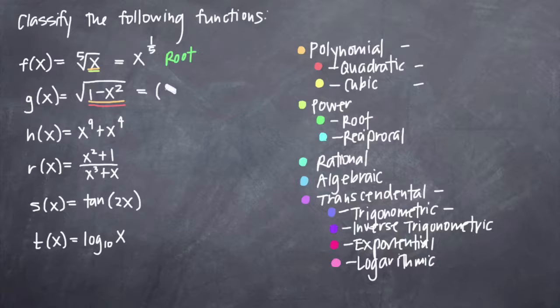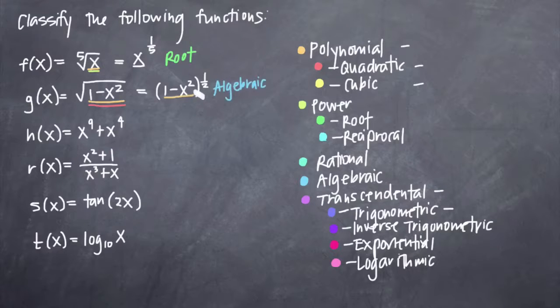We know that this is the same thing as the quantity 1 minus x squared to the 1/2 power. And you might be tempted to say, well, then that's a power function because we have this exponent here as 1/2, and maybe that's even a root function. But power functions and root functions only apply when your base is simply x. And because our base is 1 minus x squared, we can't classify this as a power function. Instead, we'll classify it as an algebraic function.